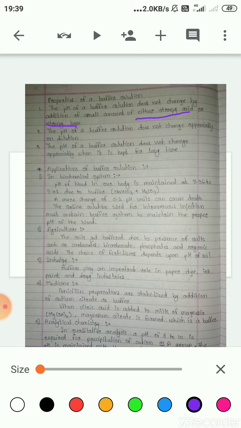And the last property is that the pH of buffer solution does not change appreciably when it is kept for a long time.